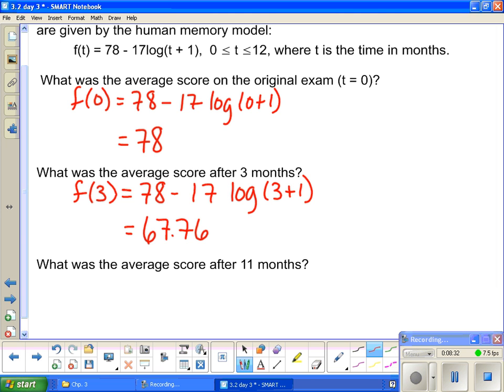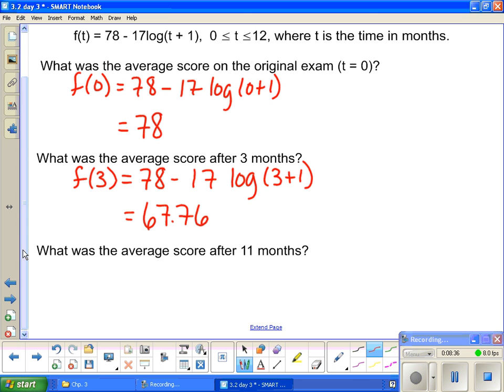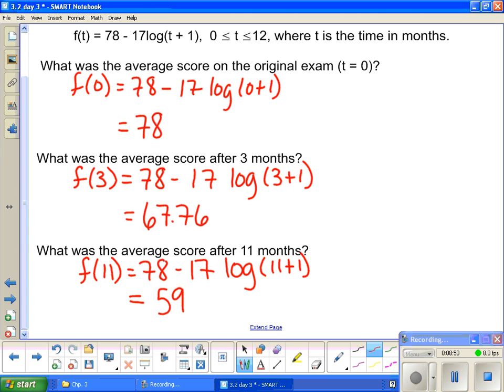We go from a 78 average to almost a 68 average. All right, so now what about after 11 months? We're going to put this into our calculator, and we get approximately an average of 59.65. So as you can see, we lose memory. If we don't practice or use it, we continue to lose what we learned in the beginning.